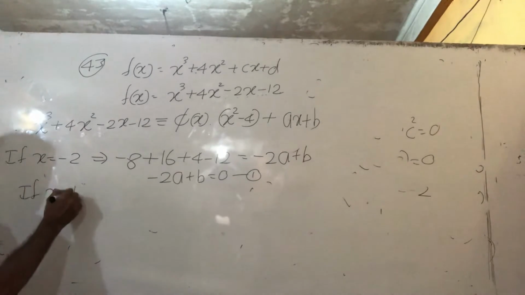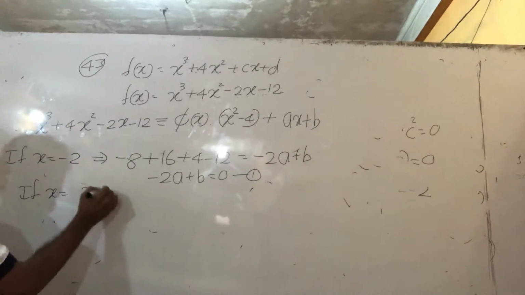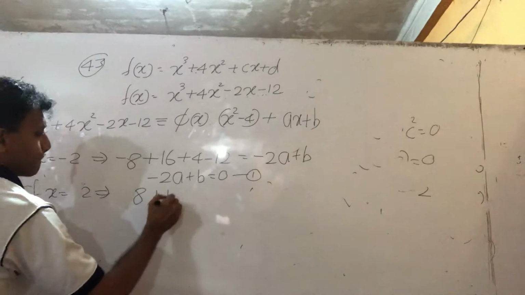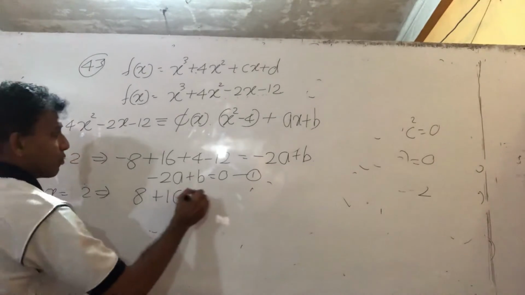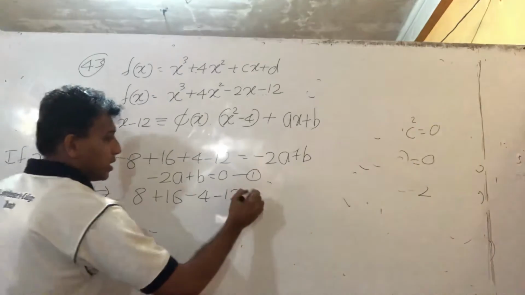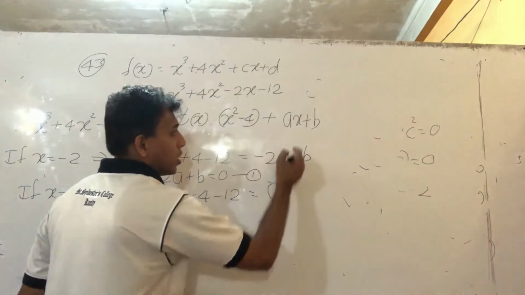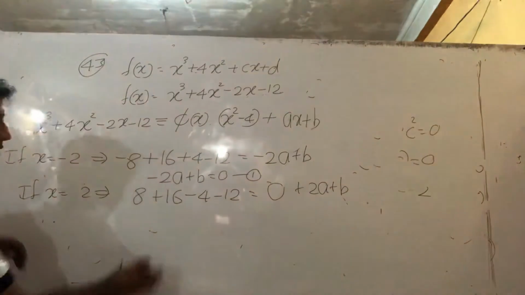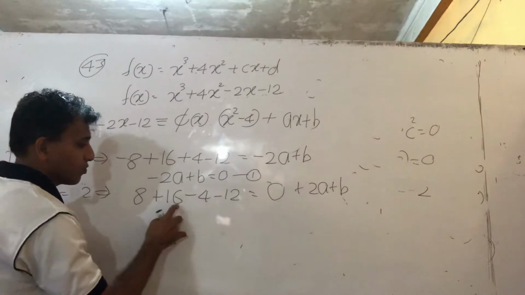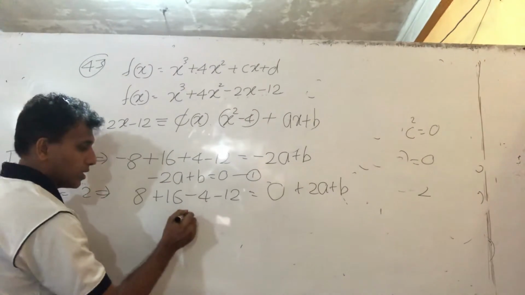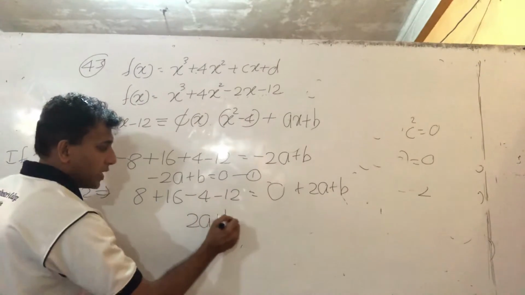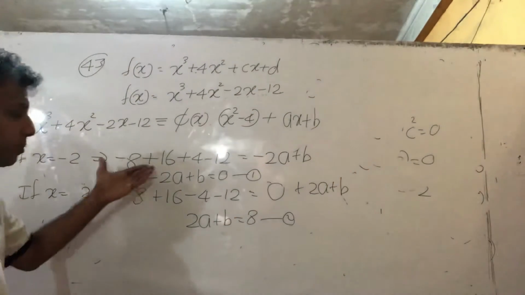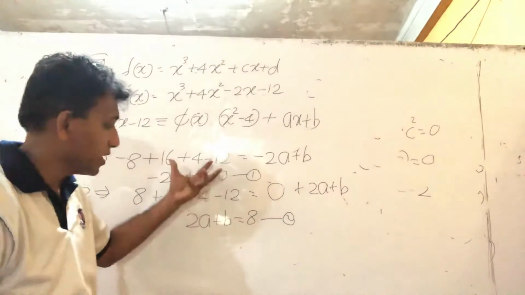If x equals plus 2, that means 8, plus 4 times 4 is 16, minus 4, minus 12, equals 0 plus 2a plus b. So simplify: 16 minus 4 minus 12 cancels, and 2a plus b is 8. That is your second equation.